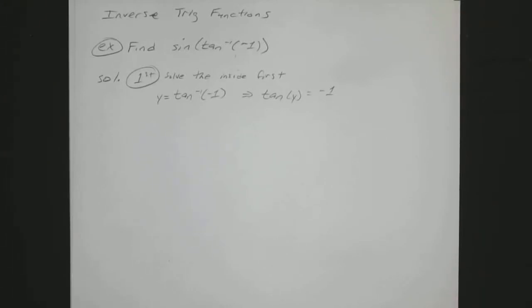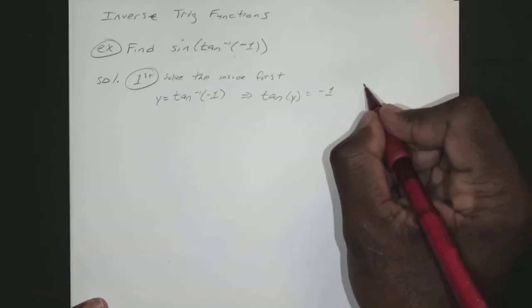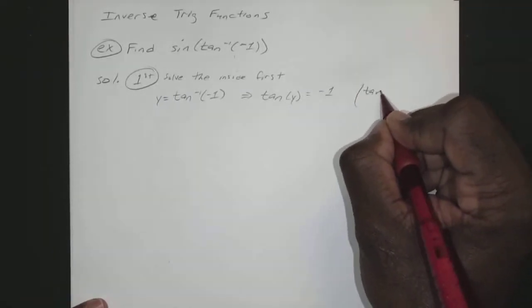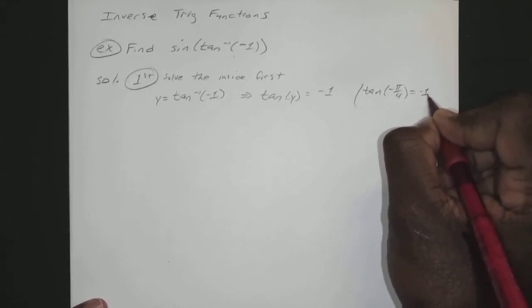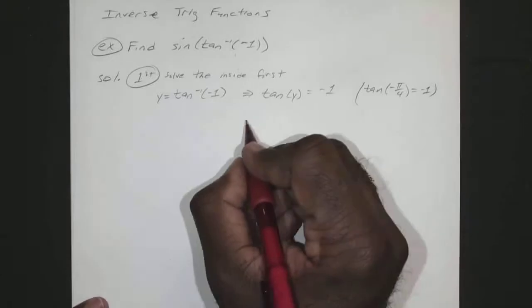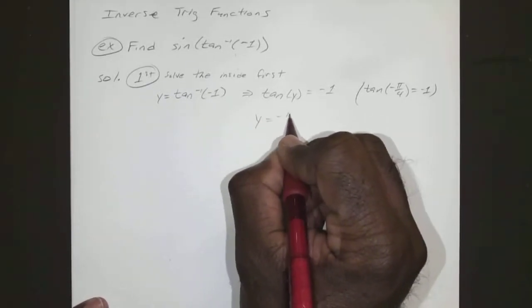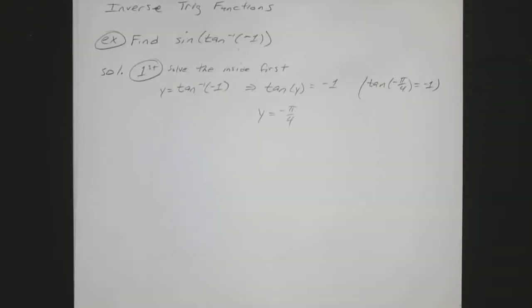So we know that since tangent of -pi over 4 equals -1, y is equal to -pi over 4.